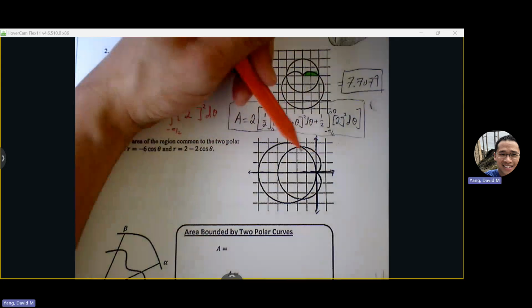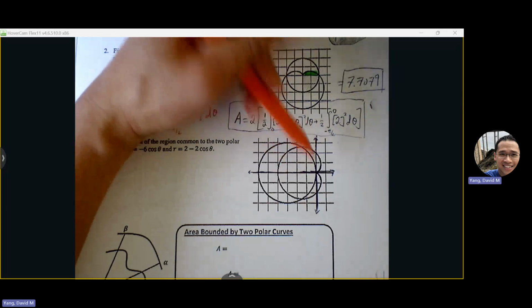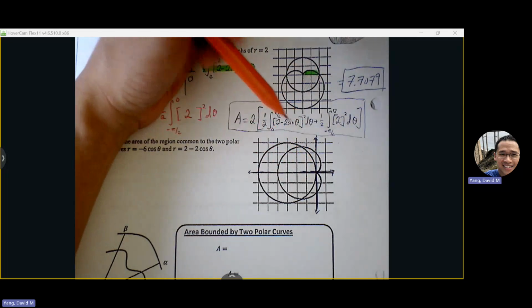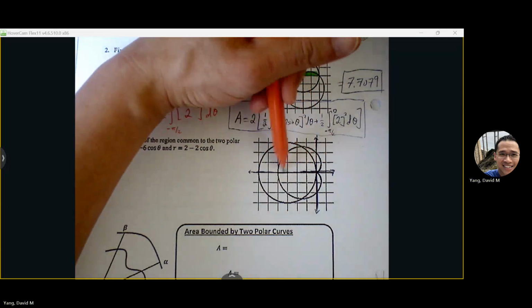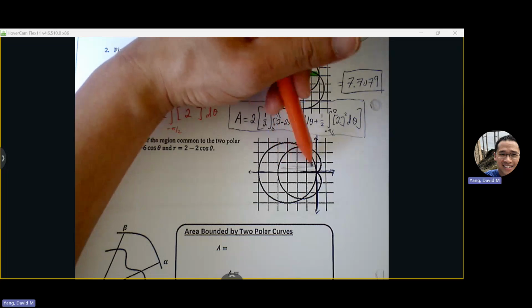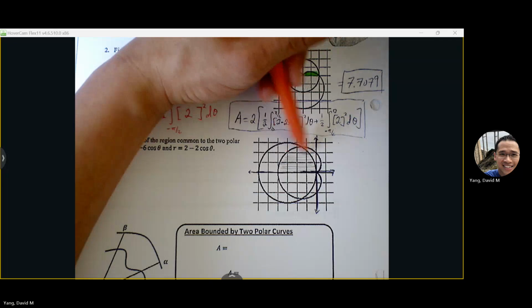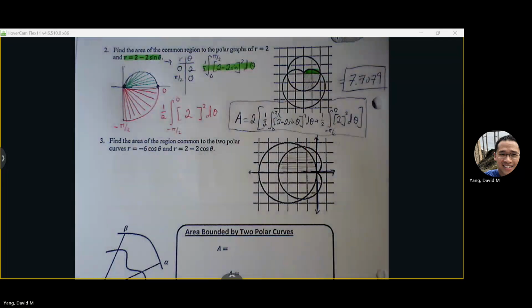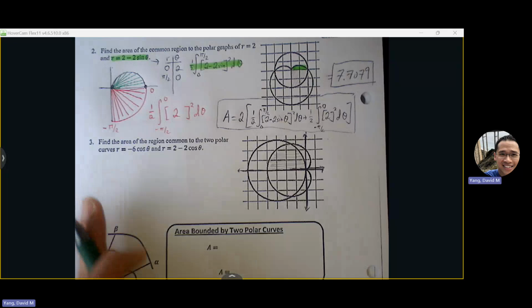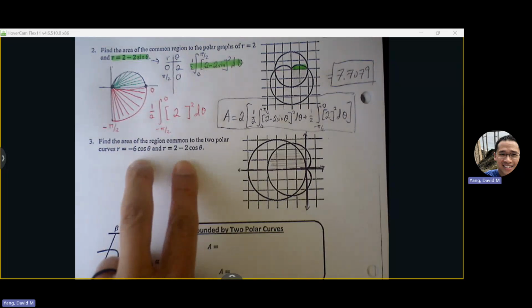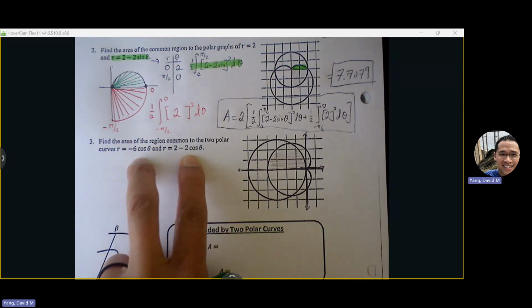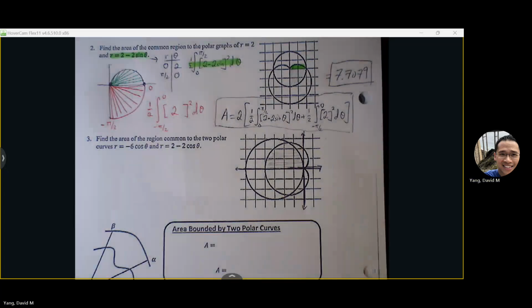So what's common is the intersection between the circle and the cardioid. Okay, we're talking about that region there, right? Okay, let's go ahead and find the intersection. I'm going to solve and find the intersection, see if I can do it by hand.